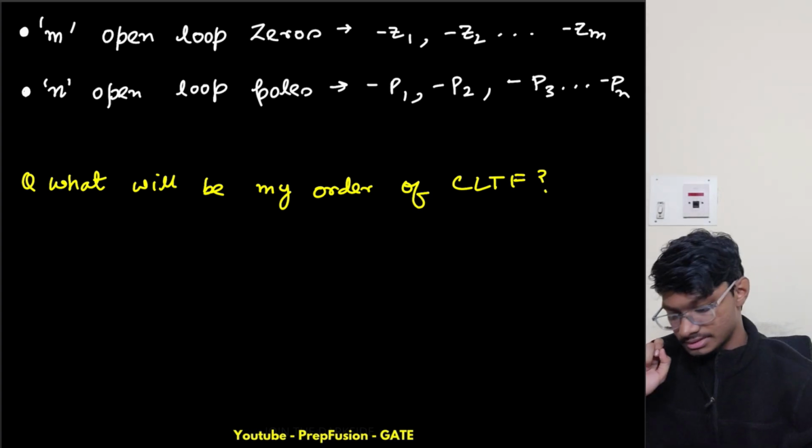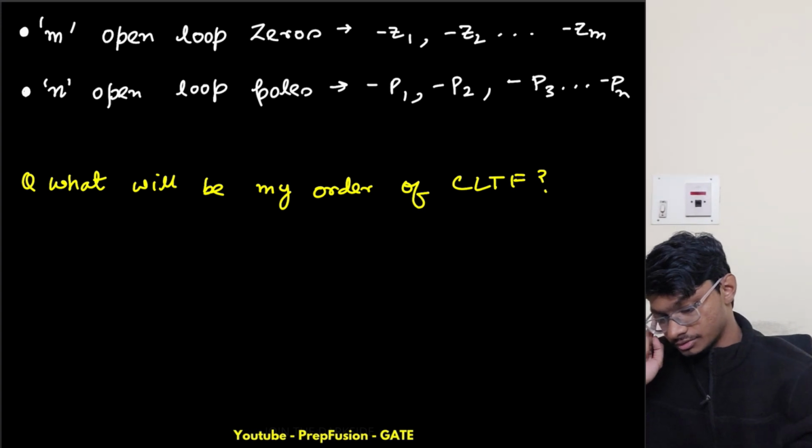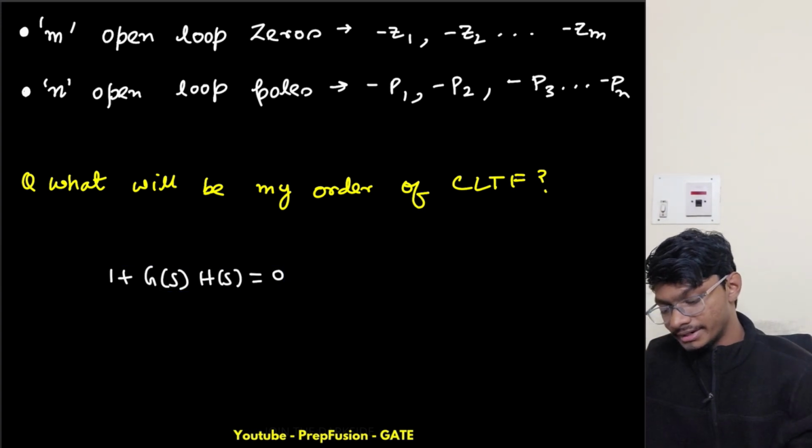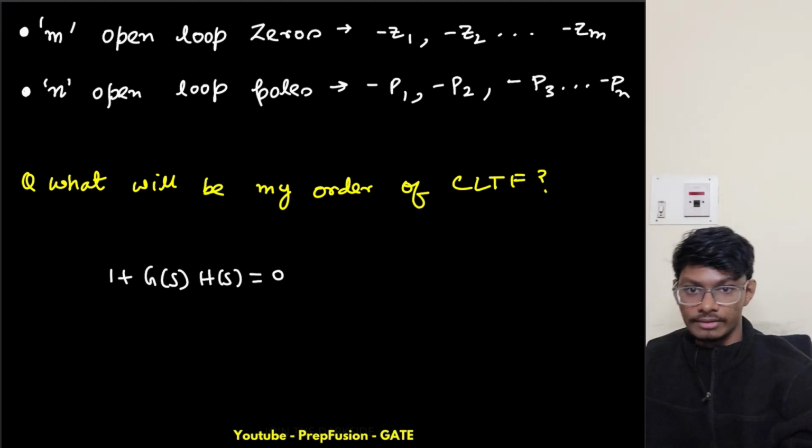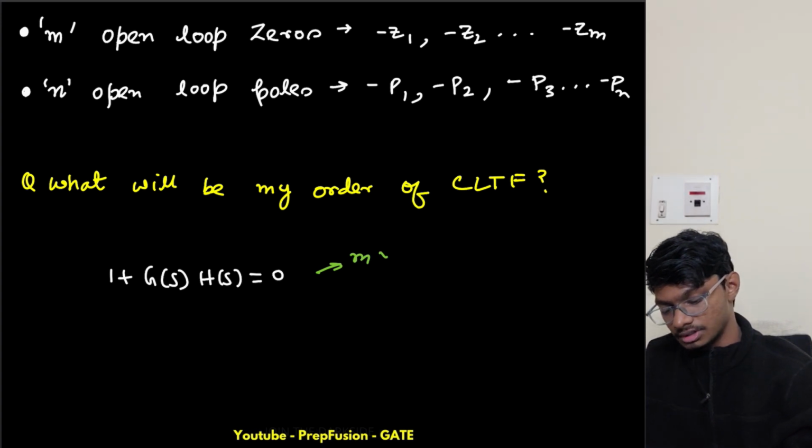So if I can see that, let me first take this equation. You might answer that I have m open loop zeros and n poles, then it may be m plus n, right? Then you are wrong.